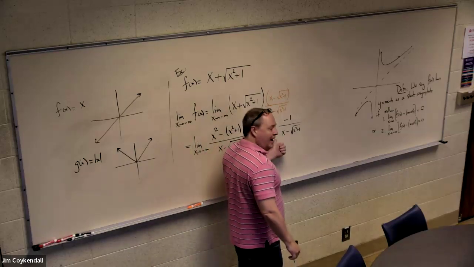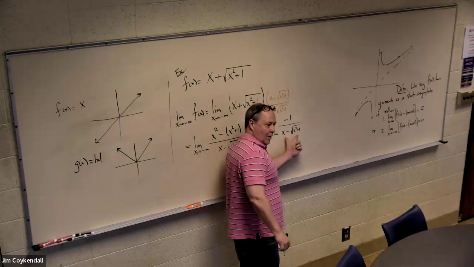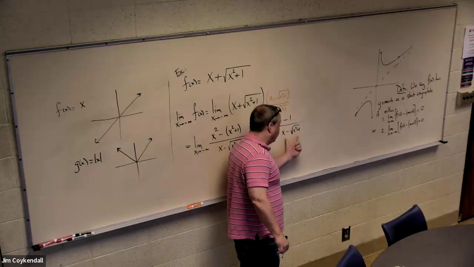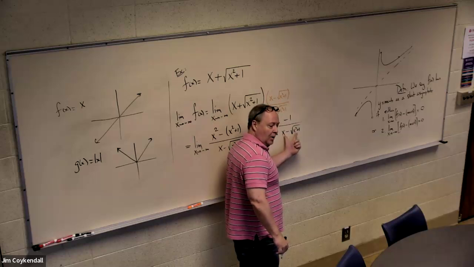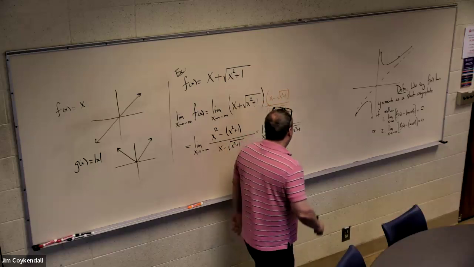Now, what happens as x goes to negative infinity? The numerator over the denominator is a lot more unambiguous. This is becoming huge negative, huge negative. This is going to 0.